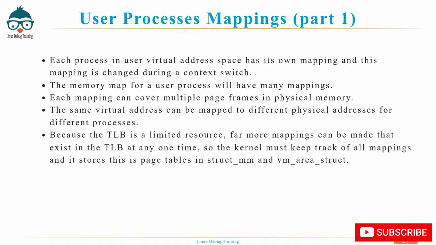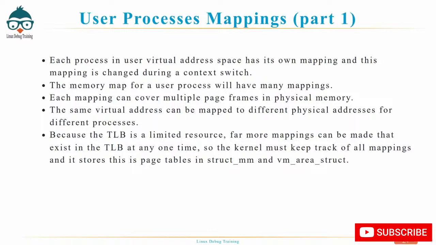Because the TLB is a limited resource, far more mappings can be made than exist in the TLB at any one time. So the kernel must keep track of all mappings, and it stores this in page tables, struct mm and vm_area_struct, which we looked at in the earlier slides.